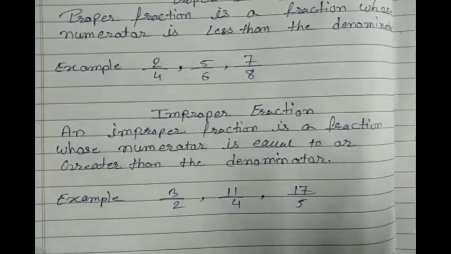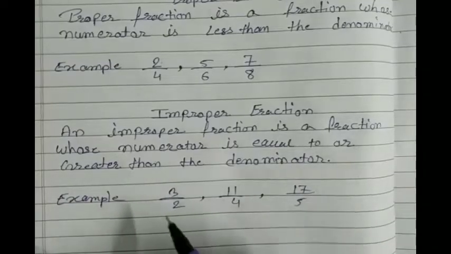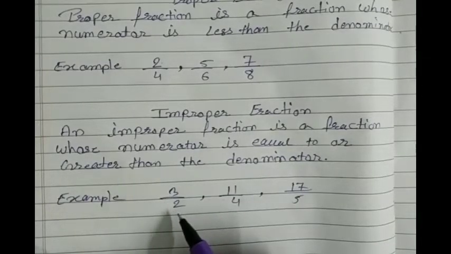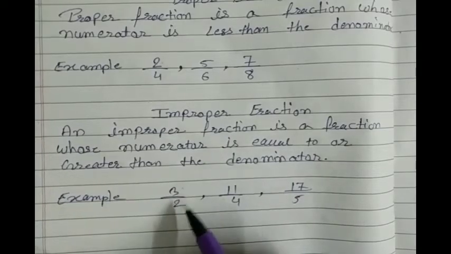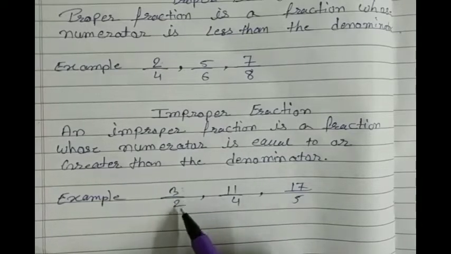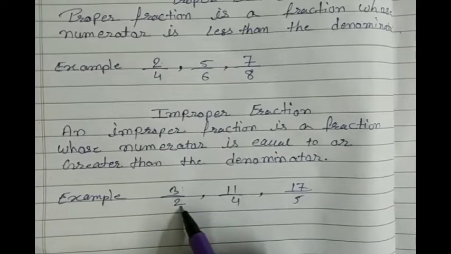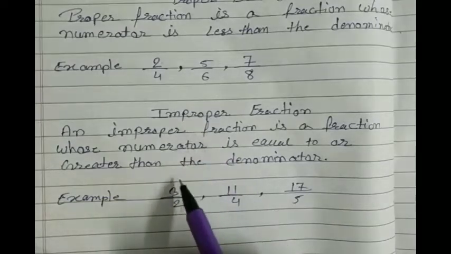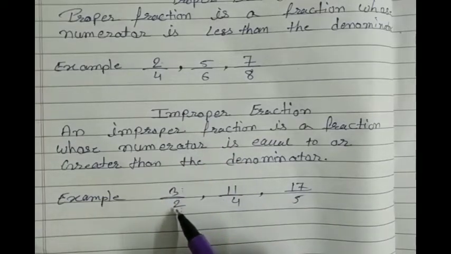In simple words, in a fraction when the numerator is greater and the denominator is smaller, it is known as an improper fraction. See the first example, 3 upon 2. 3 is numerator, 2 is denominator. The 3 is bigger, the 2 is smaller. So we can say that 3 upon 2 is an improper fraction.